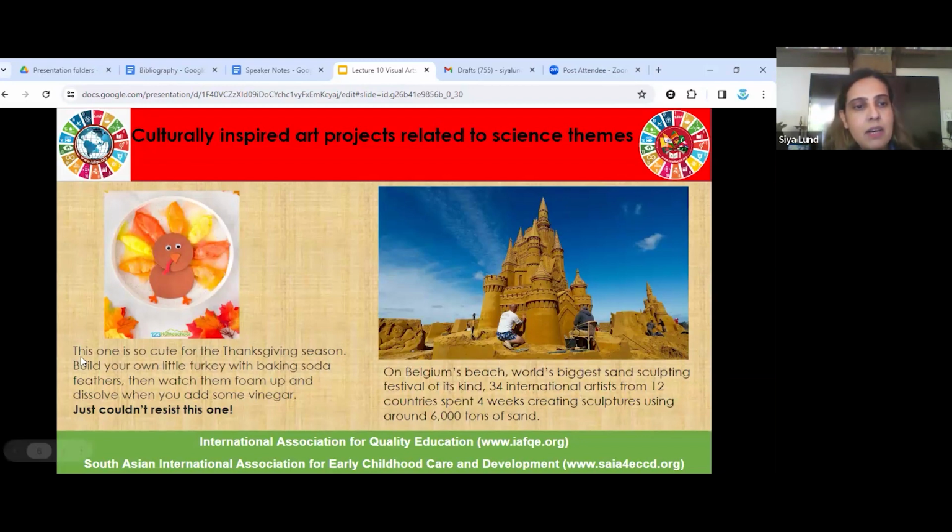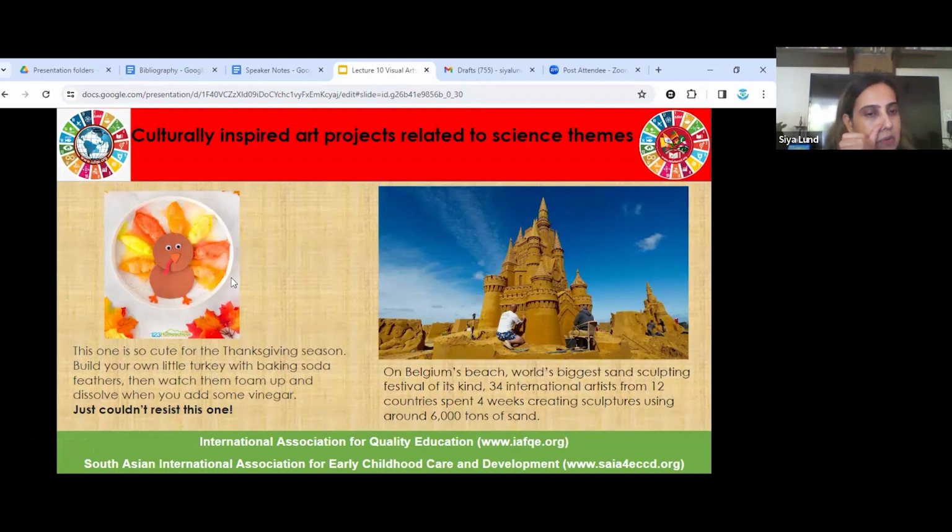On the left, you can see this Thanksgiving little craft idea that I found online when I was doing some research a little while ago. It's just so cute that I couldn't resist sharing this one. It's made with foam or paper circle cutouts. This is for early years, of course, and you can have those feathers made with baking soda.